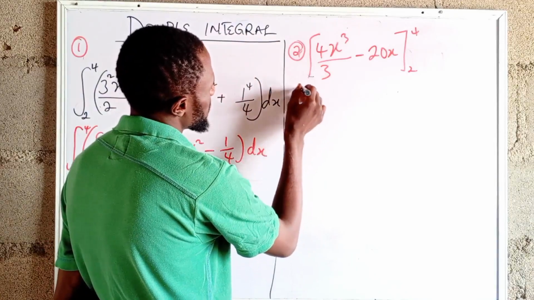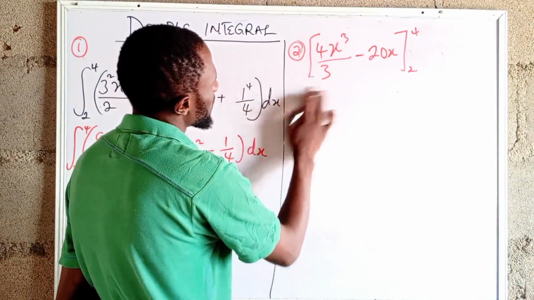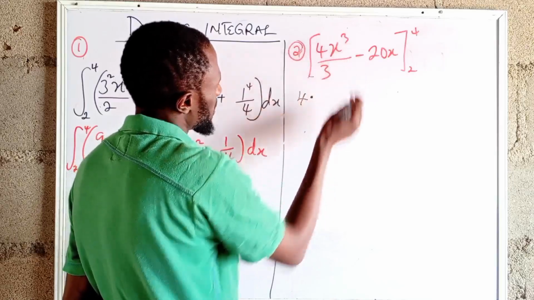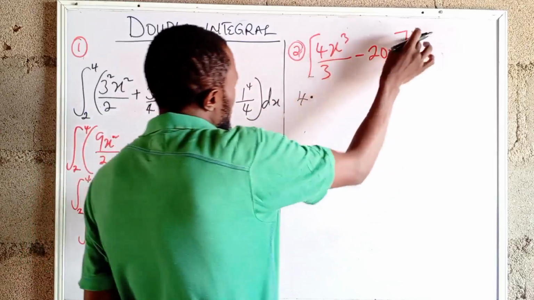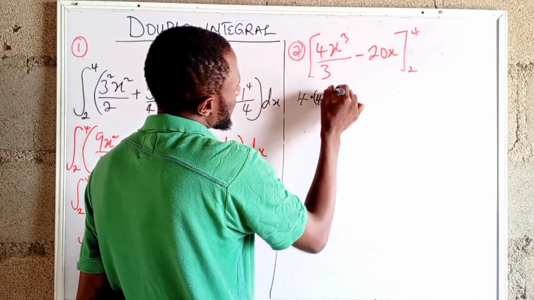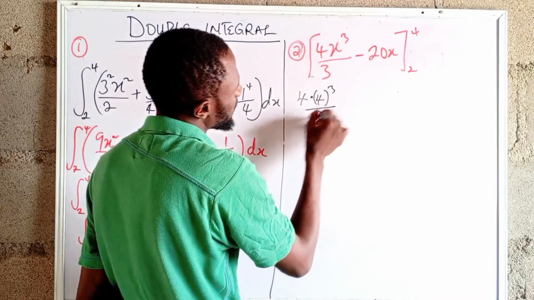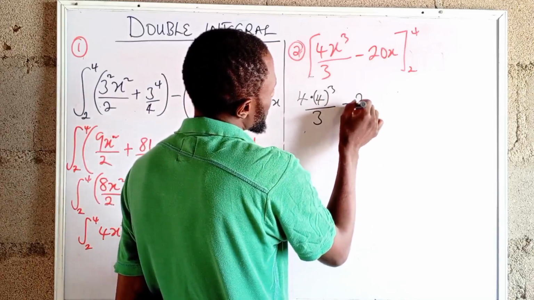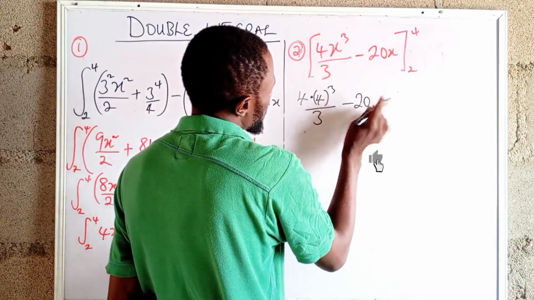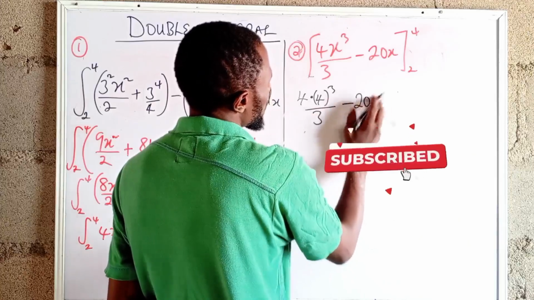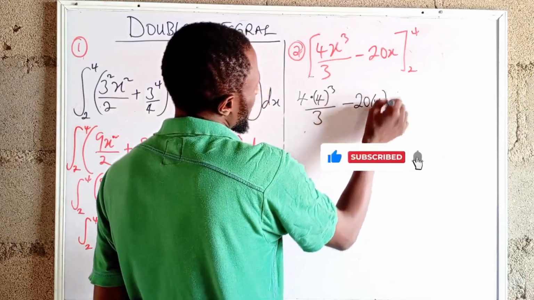By taking the limit, we have 4 times x raised to 3 all over 3. Now we have minus 20x. Minus 20 times x, or 2x, in bracket.